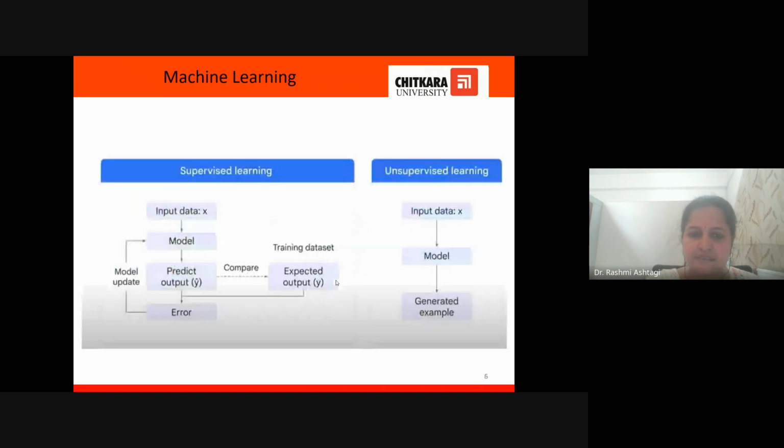And here, we need to train it, and it will generate once it's trained. Once I train the Alexa, if I say to switch on the fan, then it has to switch on the fan only, but before that I need to train it.